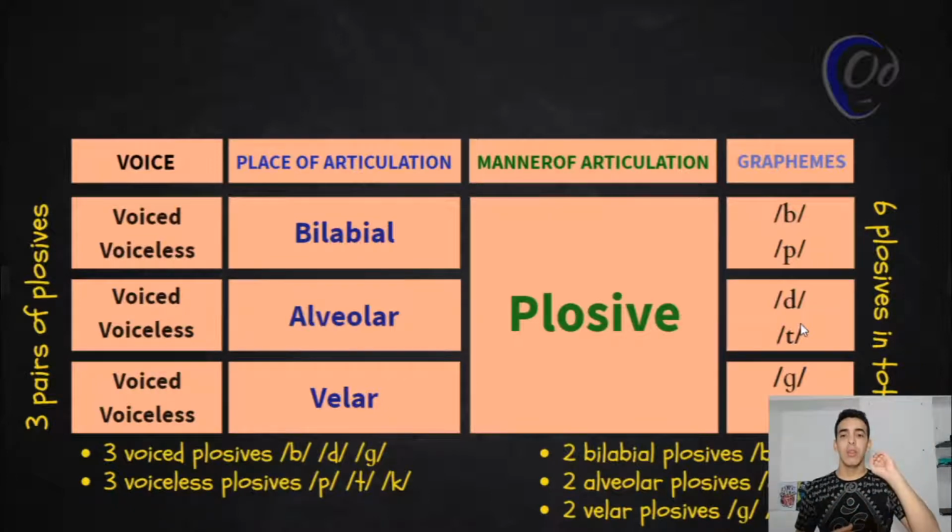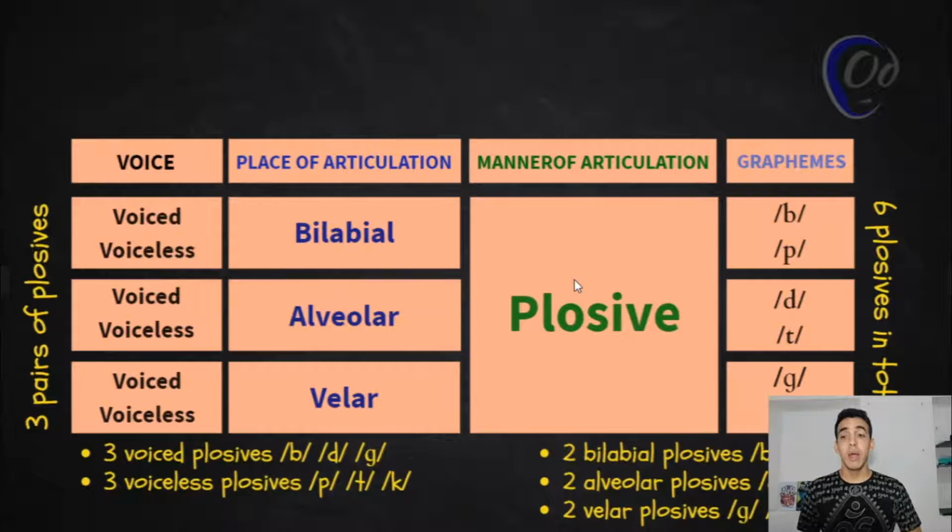Two velar plosives: voiced velar plosive and voiceless velar plosive. If I ask you to tell me the name of this phoneme, you must not say B, P. The name of this sound, represented by this grapheme, is voiced bilabial plosive. The name of this is voiceless bilabial plosive.